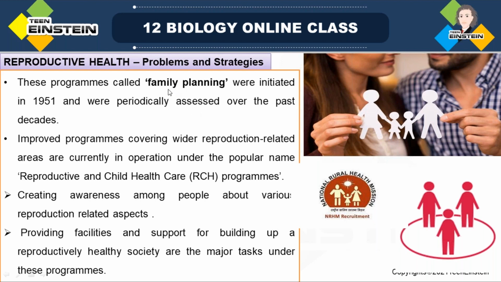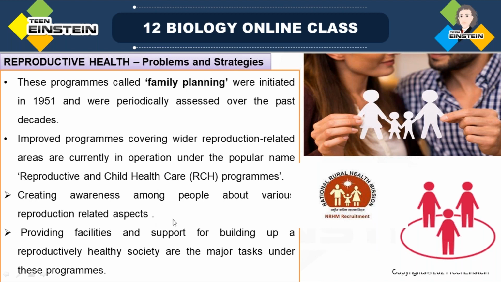So these programs are called family planning, initiated in 1951 and periodically assessed over the past decades. Improved programs covering wider reproduction related areas are currently in operation under the popular name Reproductive and Child Healthcare Programs, RCH, note down.